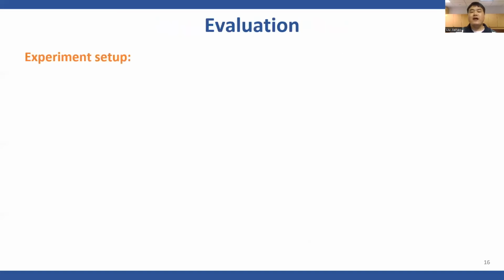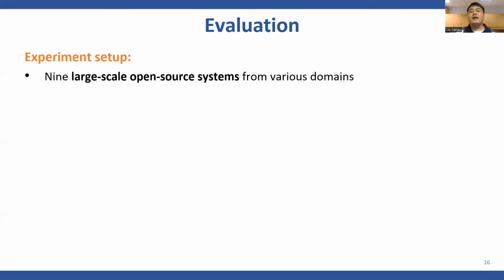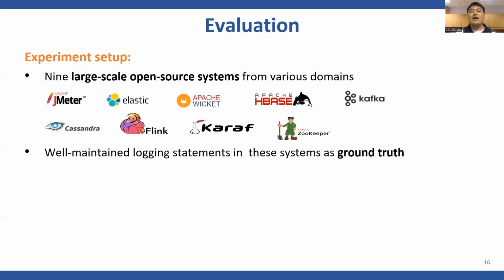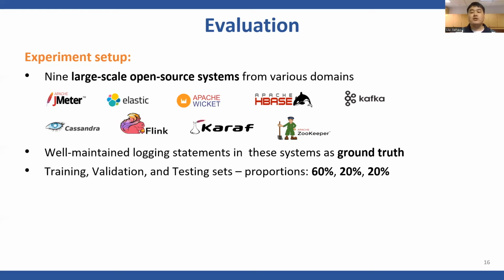To evaluate TEL's effectiveness, we investigate its performance on 9 large-scale open-source systems from various domains, such as HBase and Kafka. Following previous work, we regard the log levels in these systems as our ground truth, since they are well maintained. To train our model, we randomly split logged blocks in each project into training, validation, and testing sets, and their proportions are 60%, 20%, and 20%.